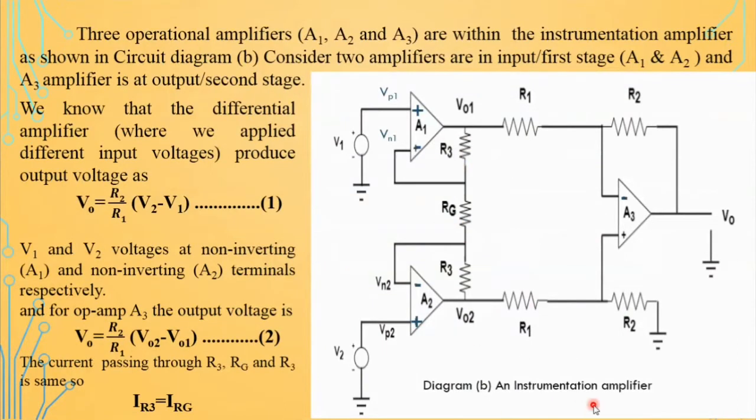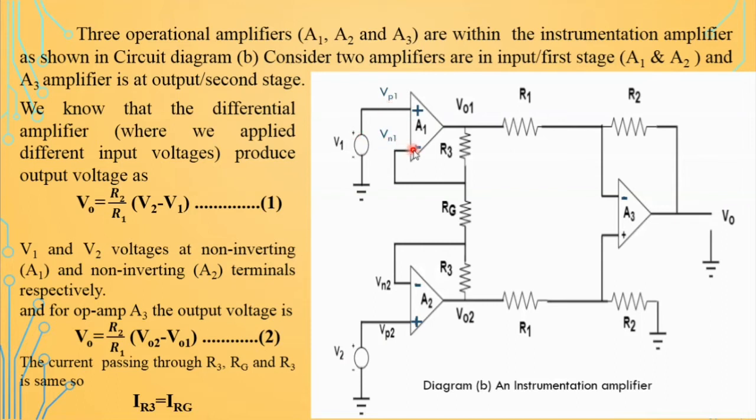In the instrumentation amplifier, we have used three operational amplifiers, that is A1, A2 and A3. At the non-inverting terminal of A1, we have applied the voltage V1, and similarly at the non-inverting terminal of A2, we have applied the voltage V2. According to the virtual ground concept, Vp2 is equal to Vn2, that is V2. Similarly, Vn1 is equal to Vp1 is equal to V1.